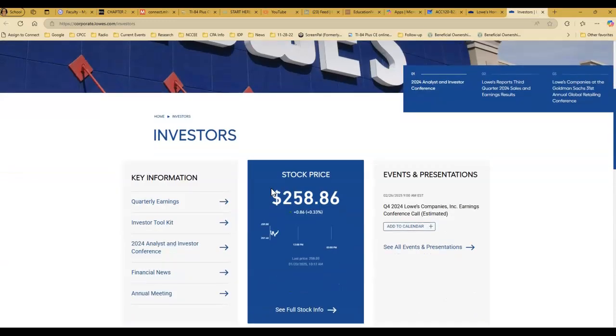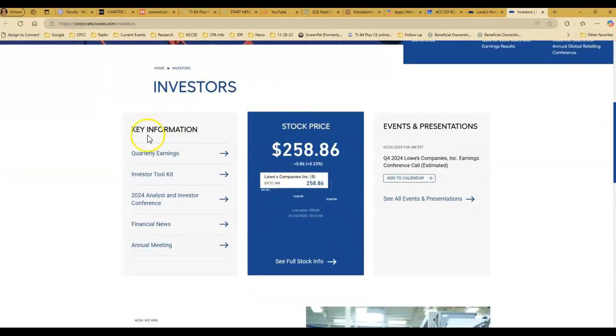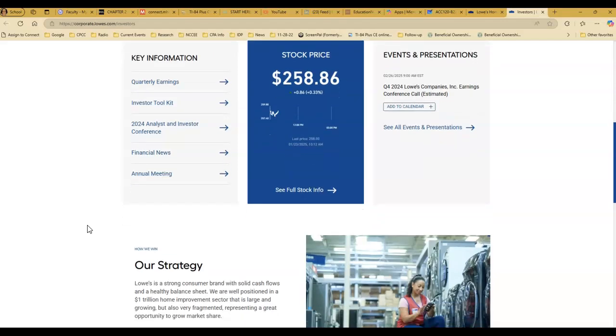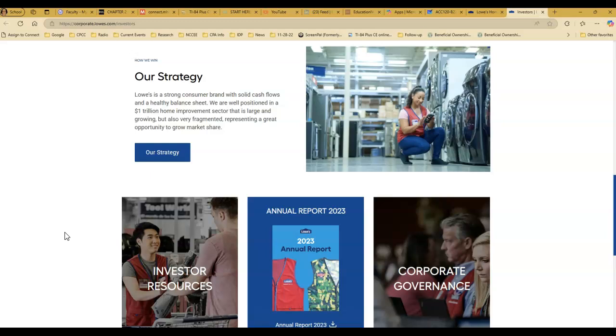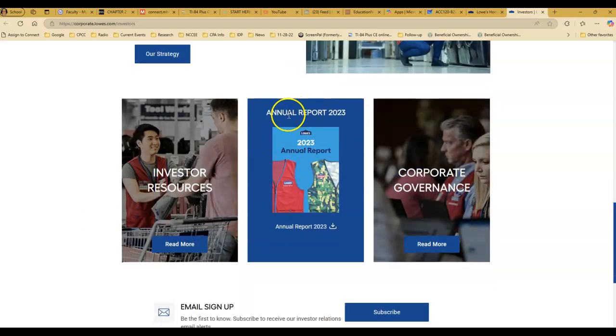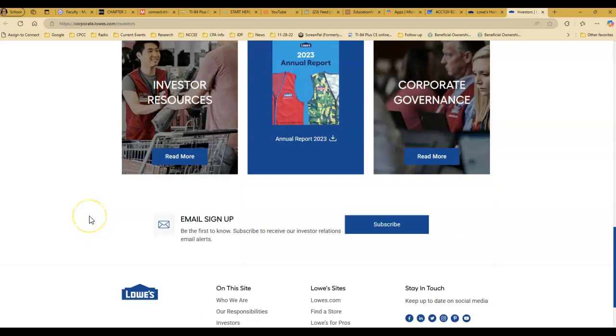A little stock price information. We've got quarterly earnings, a little investor toolkit, financial news, the annual meeting, all kinds of good stuff there. What is our strategy? And then right here, that is particularly the 2023 annual report.